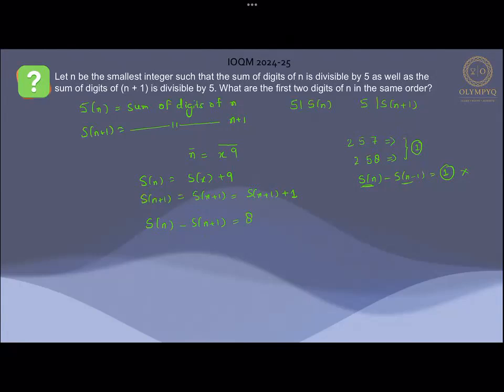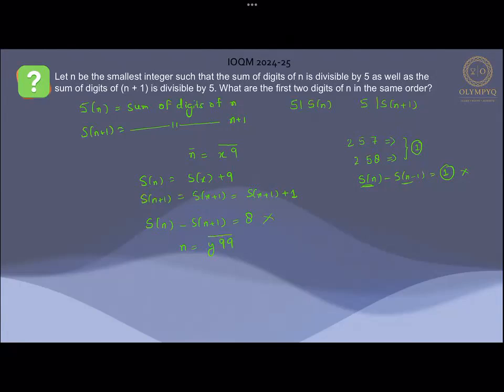Again we see a contradiction. If the second last digit is any number other than 9, the condition will not hold true. Therefore the number again ends with 99.